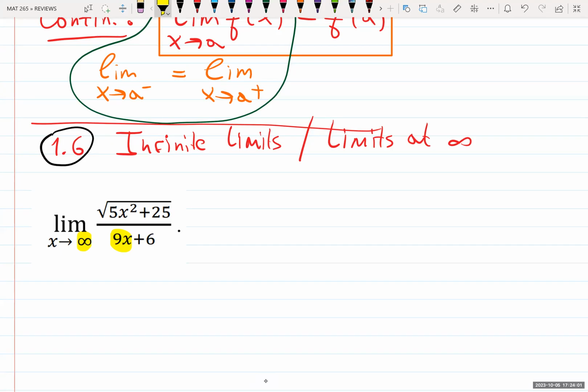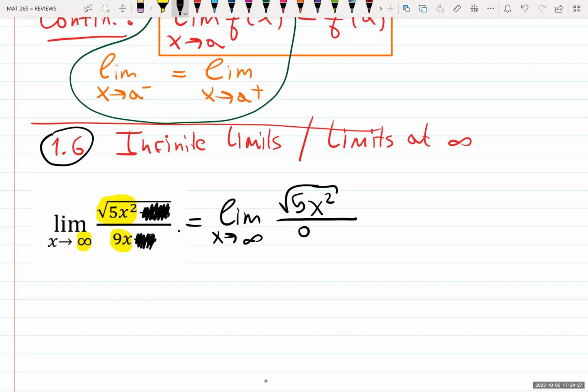So find the leader here and find the leader of the top. The leader of the top is 5x squared, but it's inside the square root, so it's actually the square root of 5x squared. In class, I would go to the projector and close my hand over the constant. Then it is legal to write that the answer for the original limit will be the same as this limit, where I'm only taking the leaders.